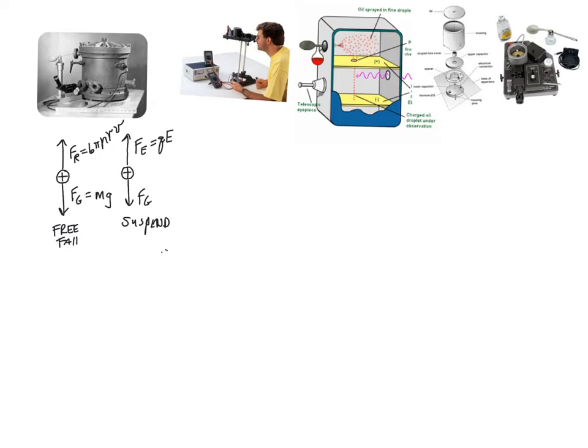So we start with the free body diagram on the right, and we get that FE equals FG, and FE is QE, but since we measure the voltage and the distance, I'm going to rewrite it as QV over D, because that's what E is, and that's equal to mg.